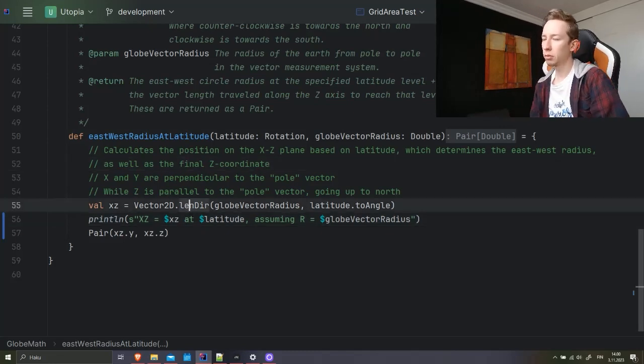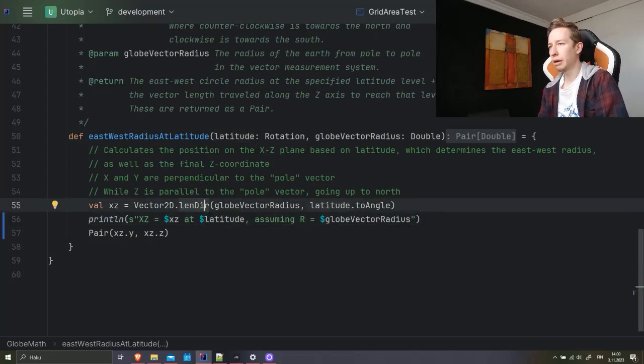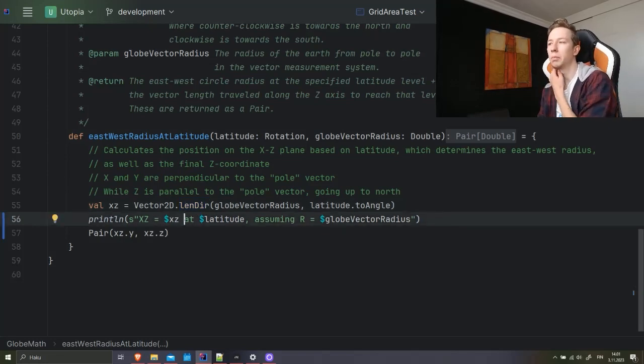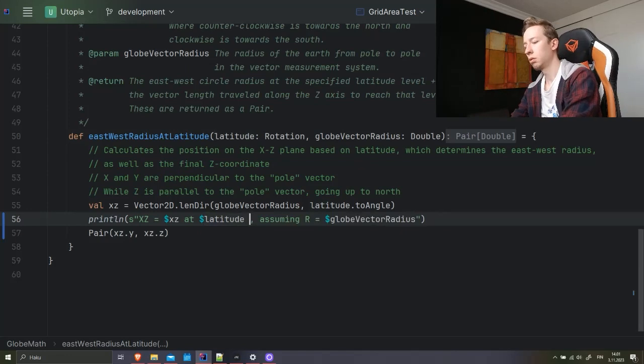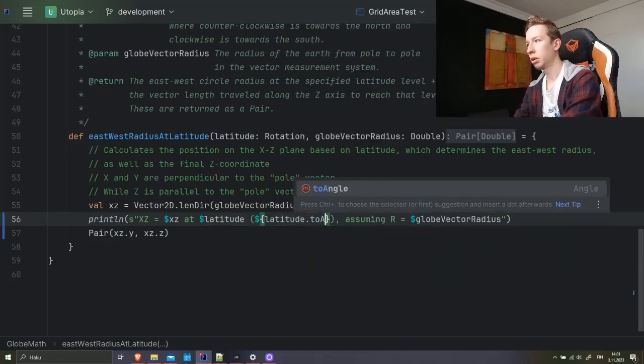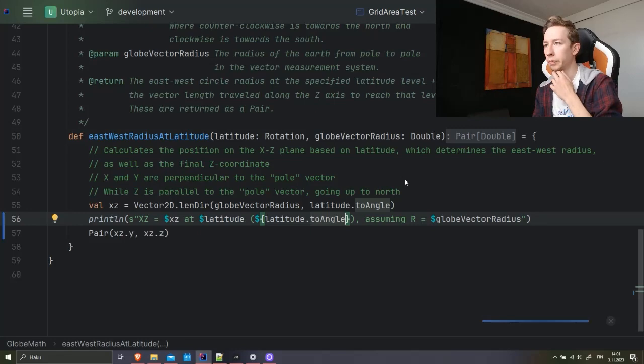Well, this is not the length direction function. I've used this so many times. I don't think this is the problem, but who knows? Latitude angle. Let's put latitude angle here as well. Let's see what's going on.